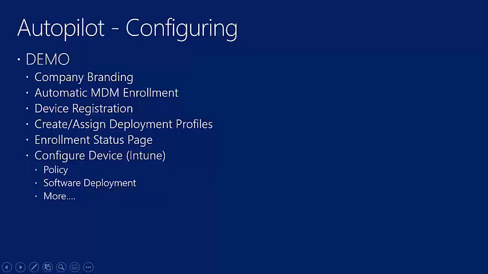But there's also the onesie twosie kind of ways that you can do for testing. So what I'm about to show you is primarily for lab testing. There's a PowerShell script you can run to grab the hardware ID and then push that up into the Autopilot service and so forth. And so I want to walk you through that.